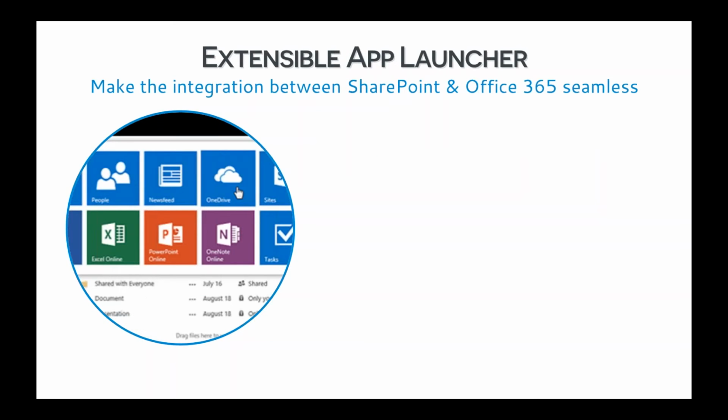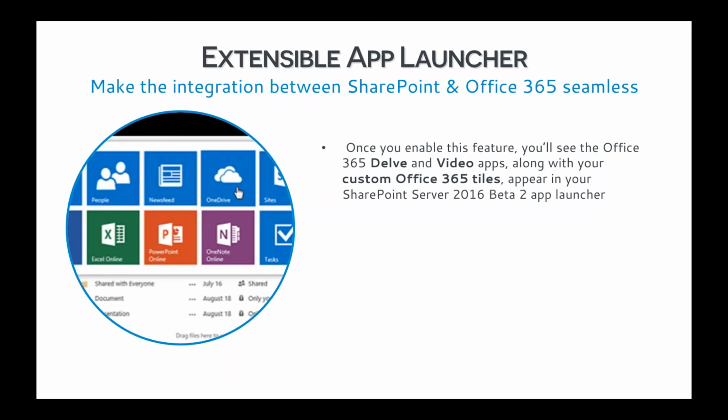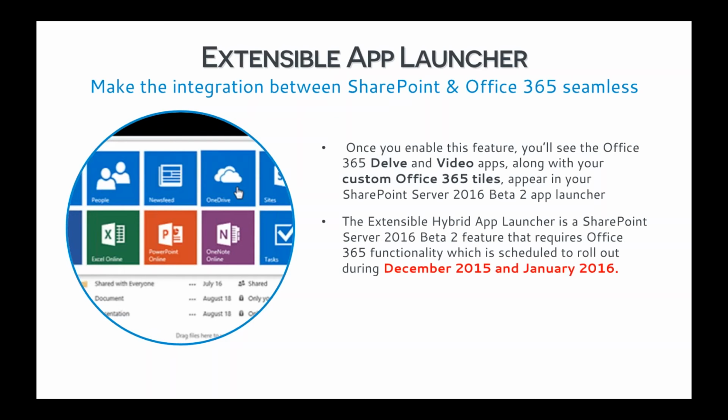Another cool feature, the extensible app launcher. Once you set up the hybrid team sites, you're going to have Video and Delve directly in the SharePoint 2016 ribbon. Also, we should have an update, Microsoft said December 2015, January 2016, but it's not there yet, that will also have custom apps.